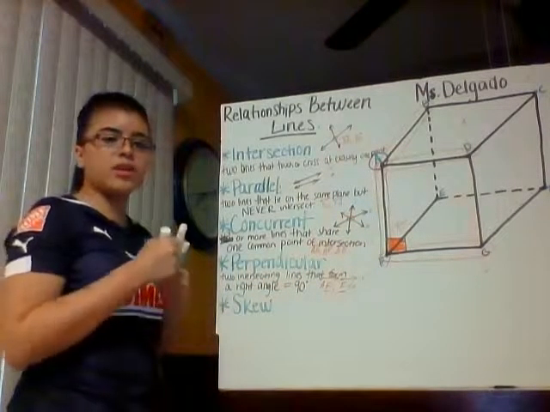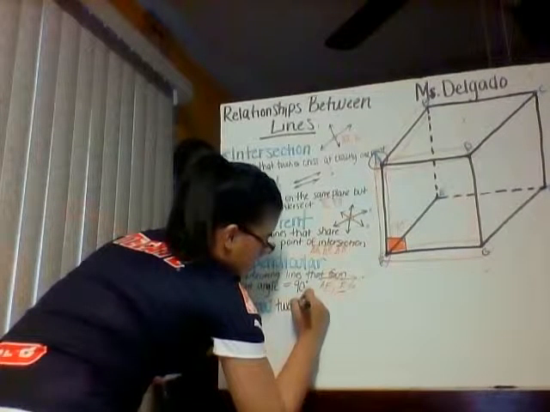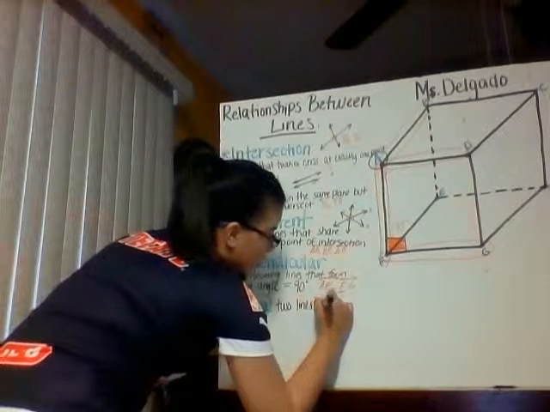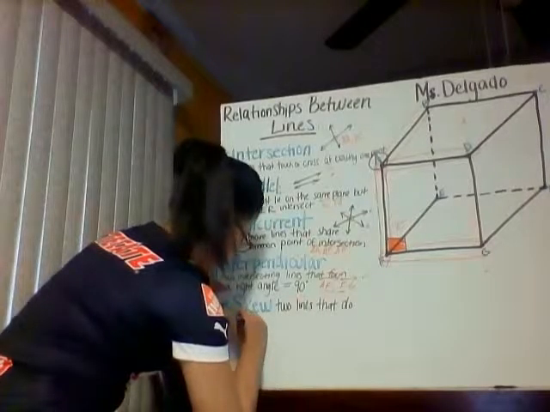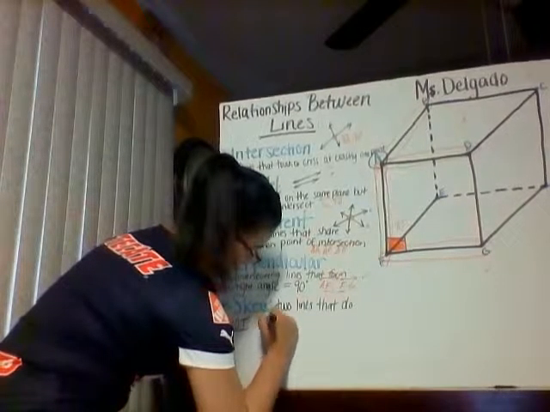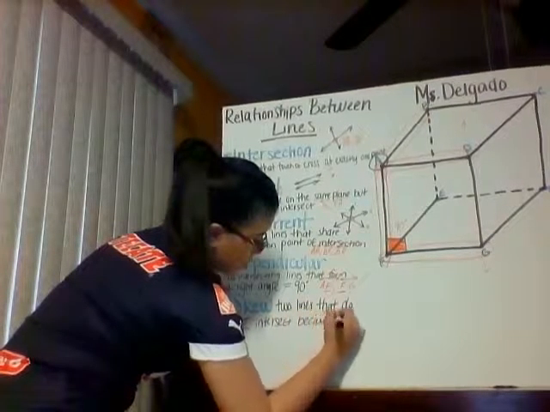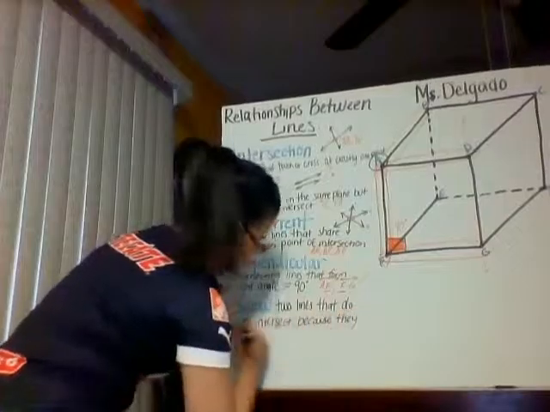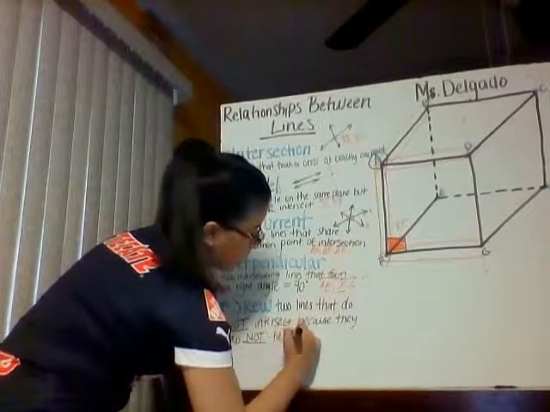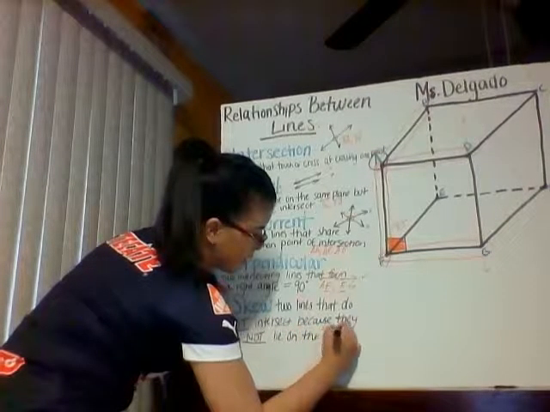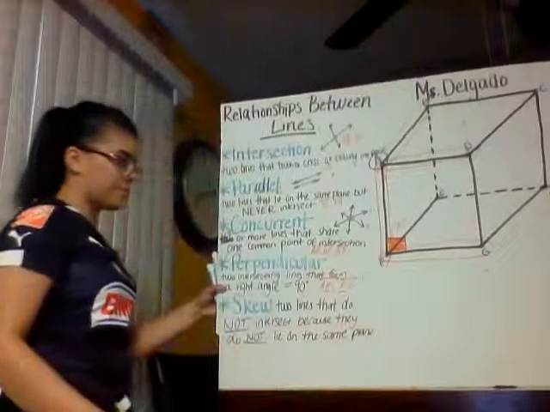Let's go ahead and write our definition. Two lines that do not intersect because they do not lie on the same plane.